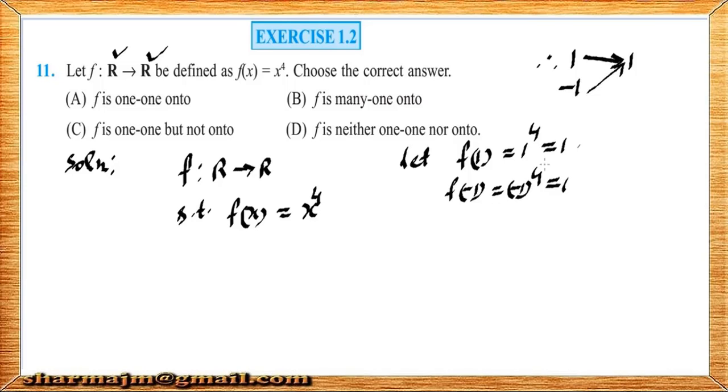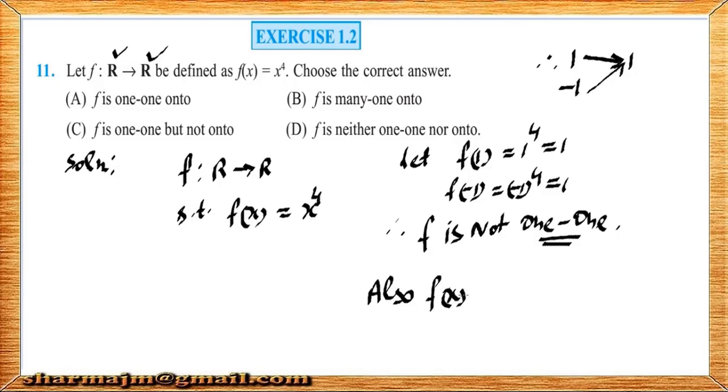So 1 is having image as 1, minus 1 is also having the same image 1. So this function f is not 1-1. Also f of x is equal to x raised to power 4 is non-negative for all real values of x.